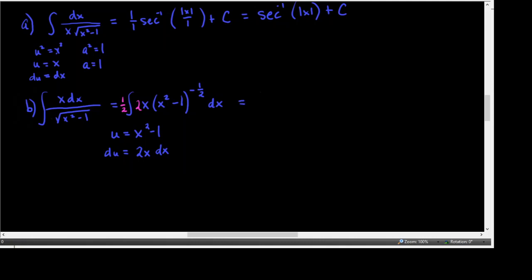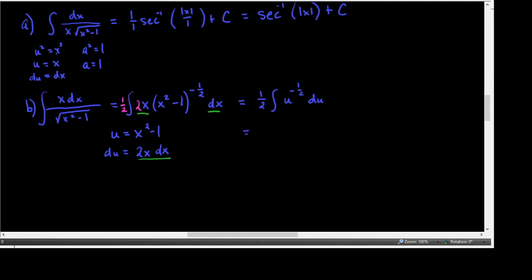If you can do this without writing it down in the form I am right now, that's great. I'm okay if you skip writing this step. The problem we are dealing with now is the integral of u, x squared minus 1 to the negative 1/2 times du. Keep in mind, this and this together are my du, so all of that gets absorbed into the du.